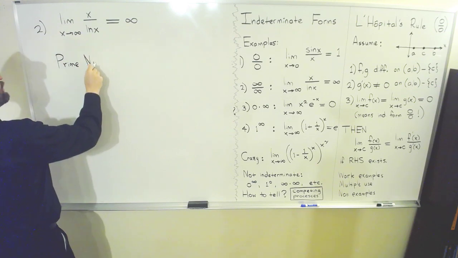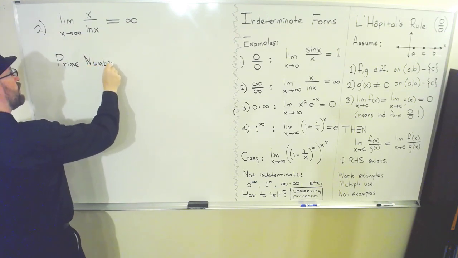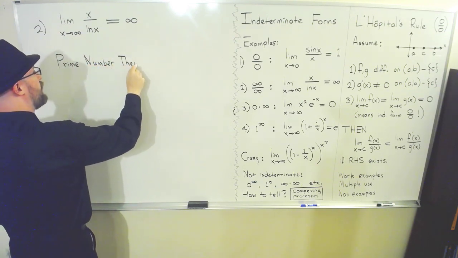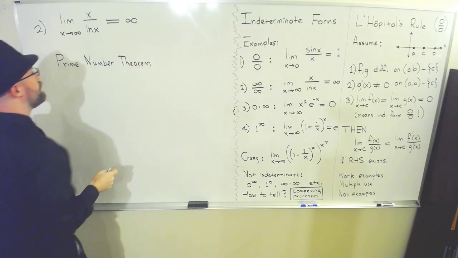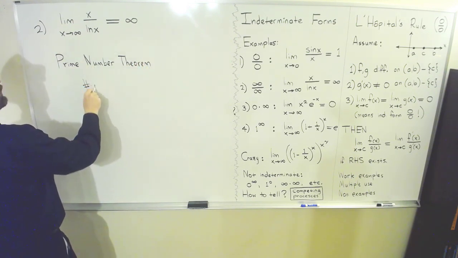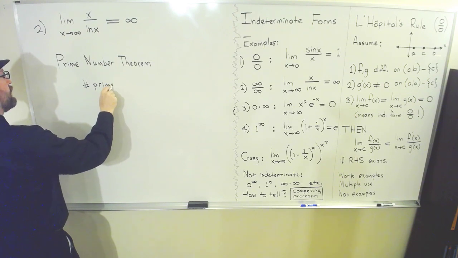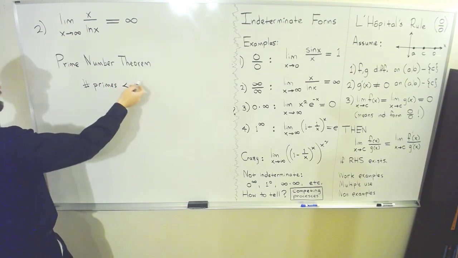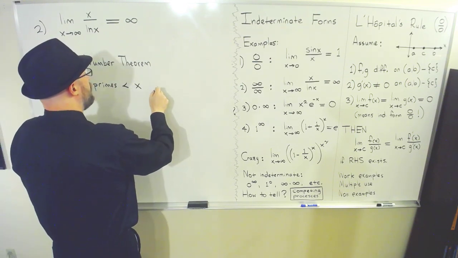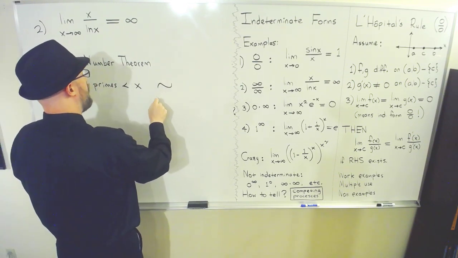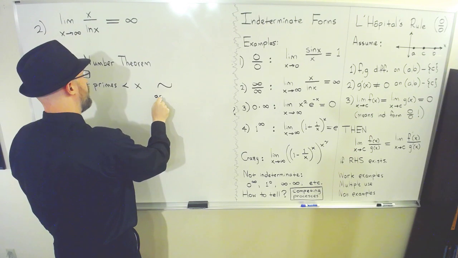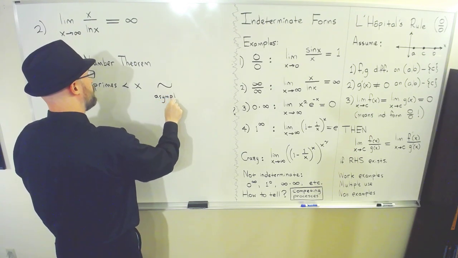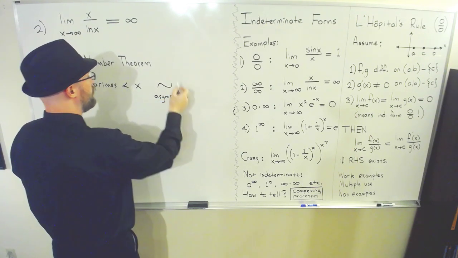telling you or reminding you about the prime number theorem, which says that the number of primes less than some real number x is asymptotic to x over ln x, and I'll write this squiggly line. If you don't know what that means, you can look it up.